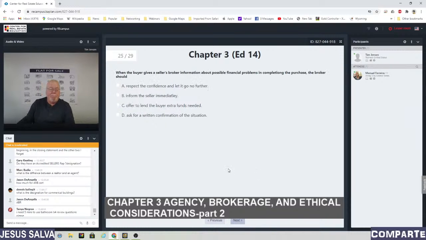C, good job. Number 25, when the buyer gives the seller's broker information about possible financial problems in completing the purchase, the broker should. Now remember, it says when the buyer gives a seller's broker information about possible financial problems in completing the purchase, the broker should do what?